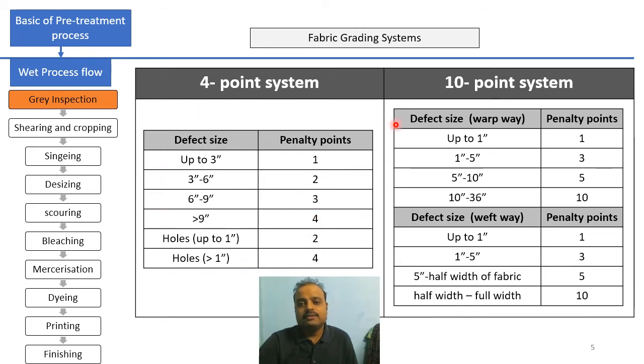This is a very important part as far as defect size and penalty points are concerned. So you should remember, in 4-point system there is a threes table, and in 10-point system there is a fives table, right? You can see 5 ones are 5, 1 inch, 5 inch, 10 inch, and greater than 10 inch, right? 1, 3, 5, and 10 respective penalty points.